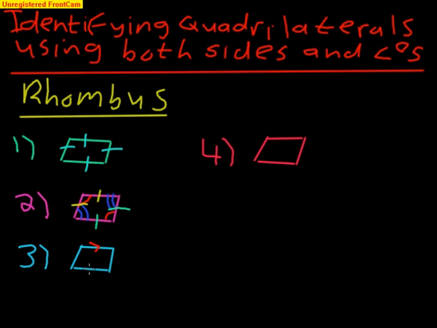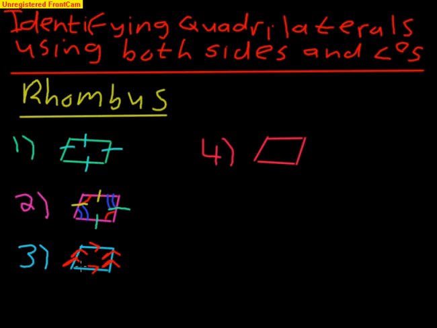So this and this side are parallel, and if these sides are parallel, so the two pairs of sides are each parallel, and a pair of adjacent sides needs to be equal.